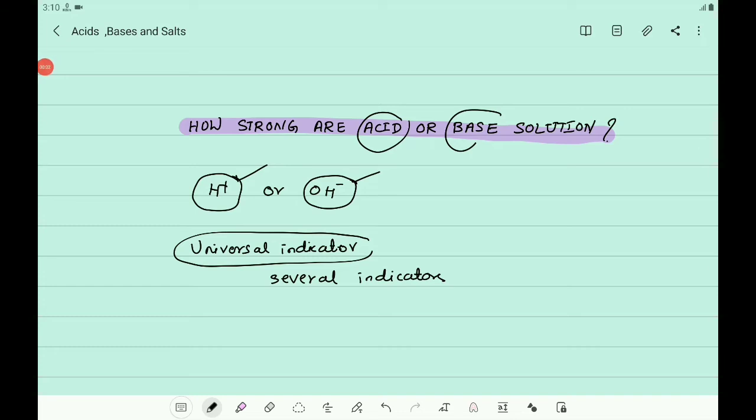Here we discussed that the strength of an acid or a base depends upon H plus ions and OH minus ions. The strength of an acid depends upon H plus ions and the strength of a base depends upon OH minus ions produced respectively by a given amount.